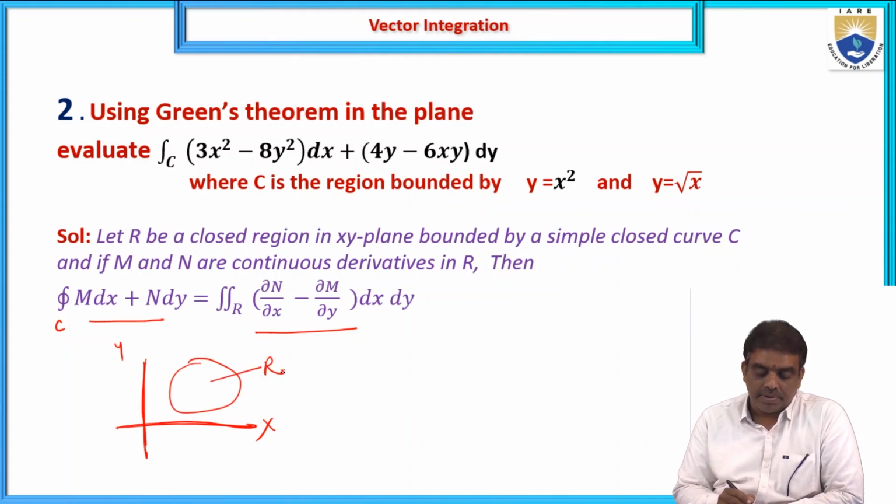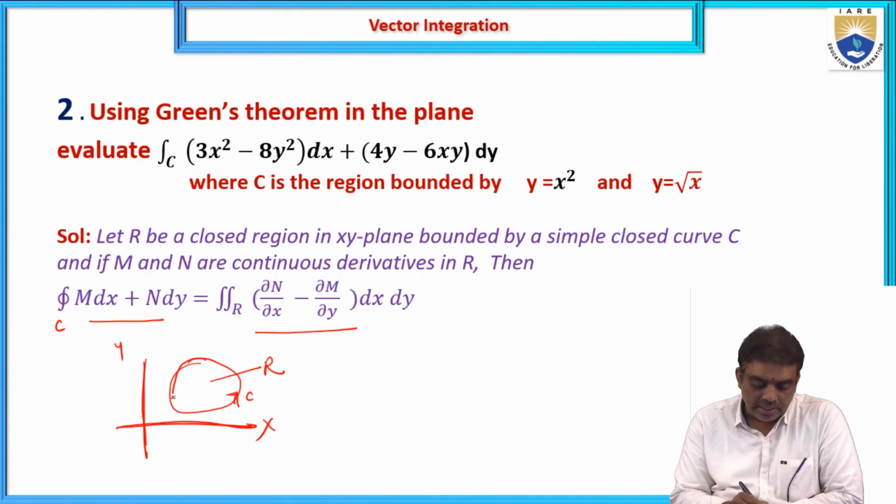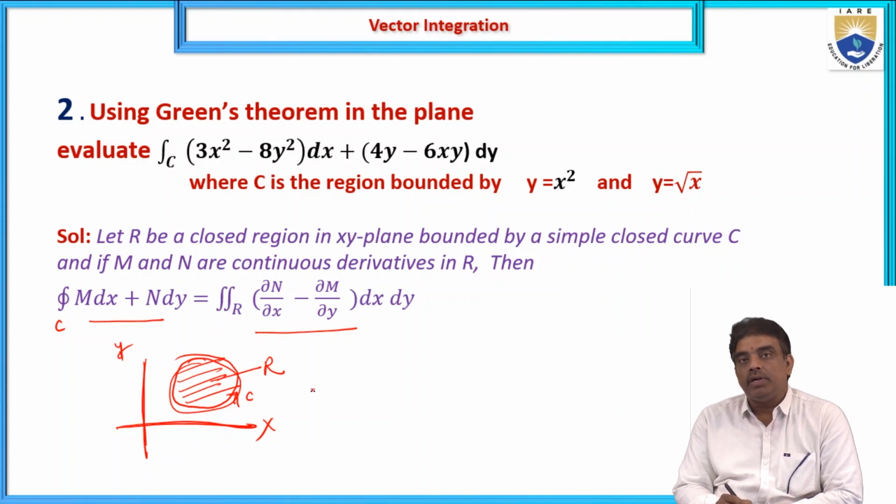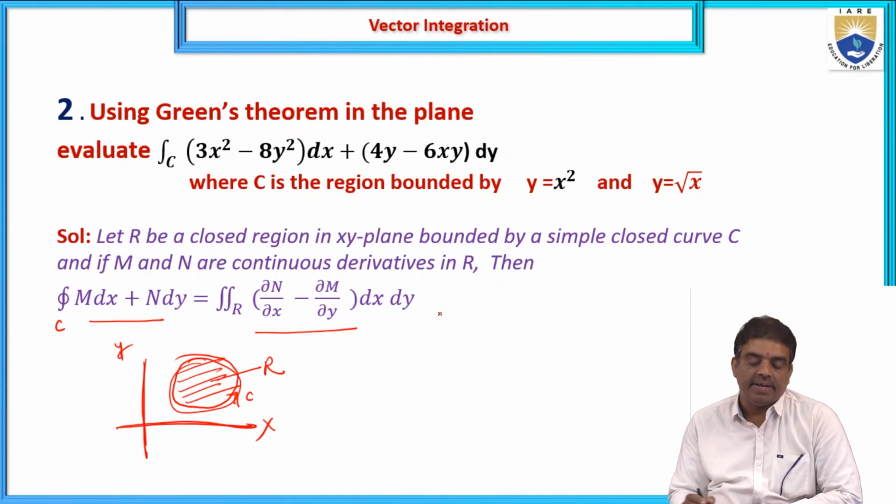This region is capital R, and it is bounded by a simple closed curve C, and M and N are continuous partial derivatives defined on this one. Then the integral over the closed curve C of M dx plus N dy is equal to double integral over R of dou N by dou x minus dou M by dou y dx dy.